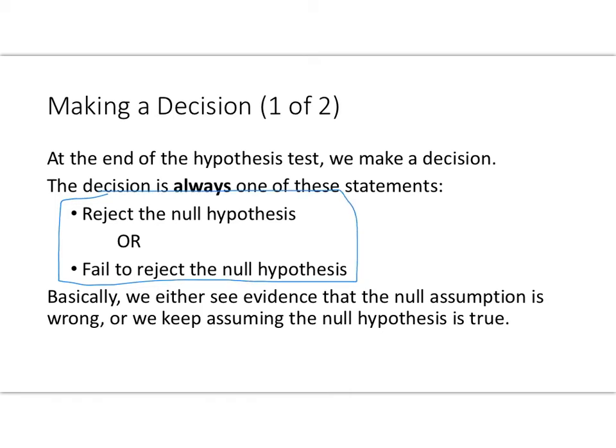Basically, we either see evidence that the null assumption is wrong, or we keep assuming the null hypothesis is true. You're never going to say anything about confirming or accepting. You never make a statement about the alternative hypothesis. It is always about the null hypothesis.